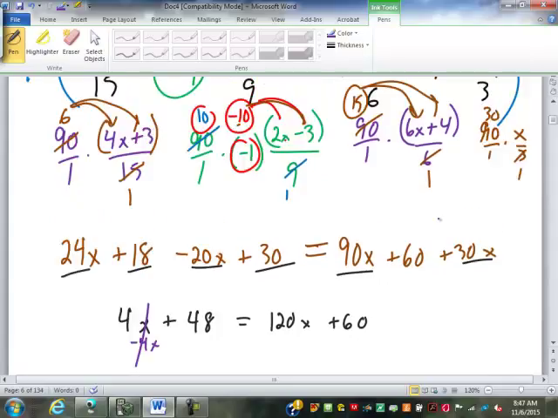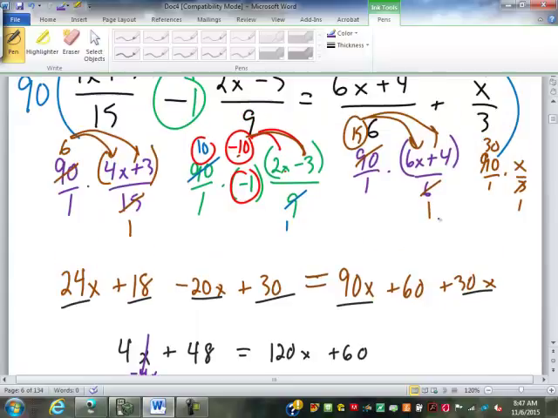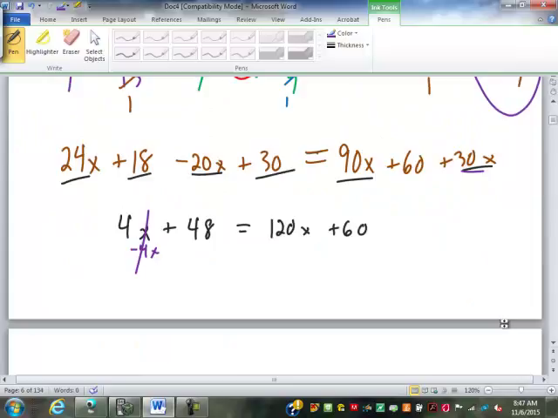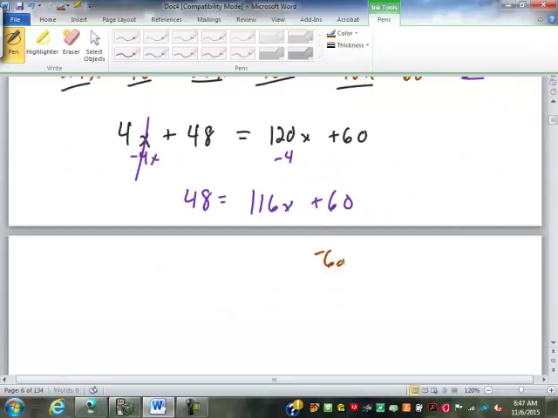What other one? That's where the 30x came from. So we'll subtract 4x. We got 48 here. 116x plus 60. And then subtract 60. Negative 12 equals 116x.